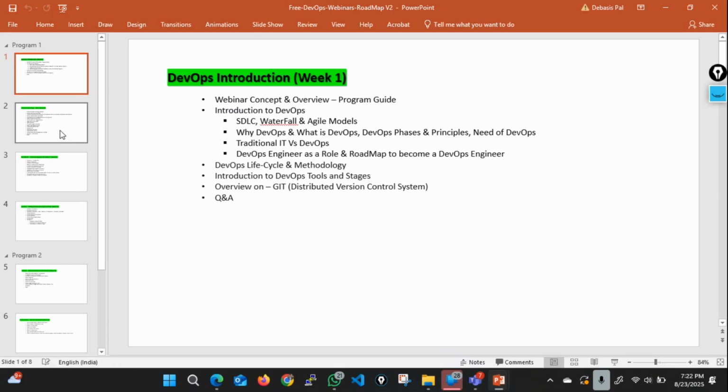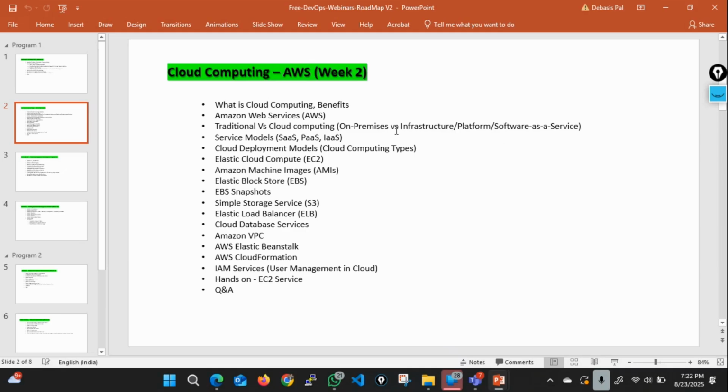Thereafter, in the next weekend, we are going to introduce you to cloud, and specifically AWS. Our methodology is mostly theory, 75%, followed by 25% hands-on, where we will go through the screens of the tools, or do small examples of tools which are not graphical.